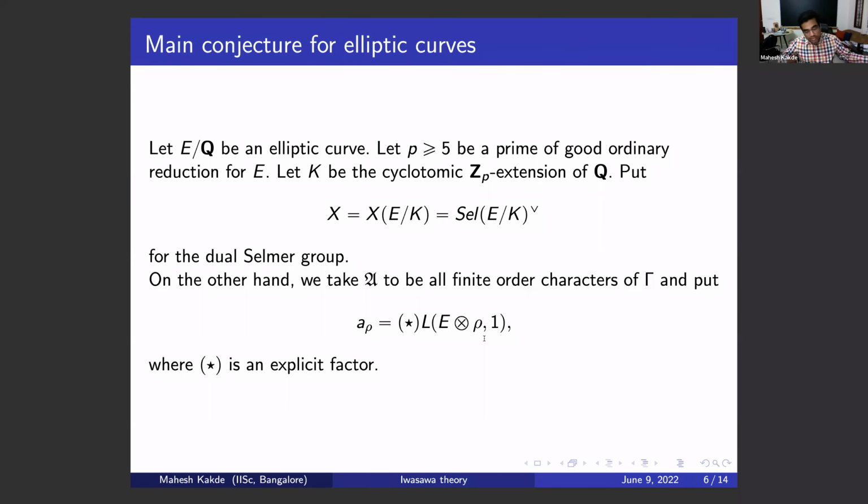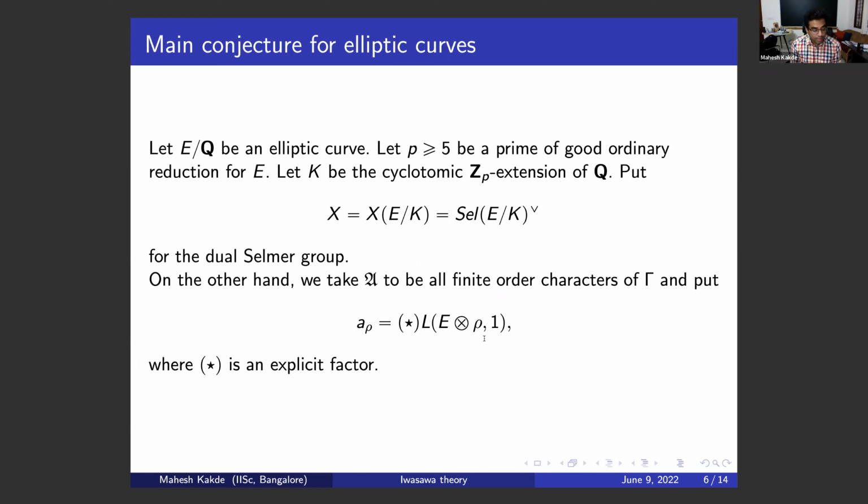But this is a very classical setting, okay, and we want to go beyond it. So one of the things here is that this formulation of the main conjecture uses structure theory for finitely generated Lambda-modules.